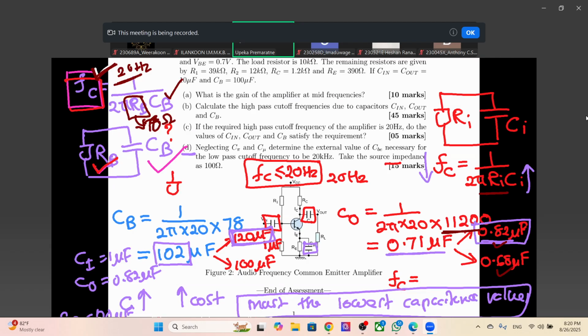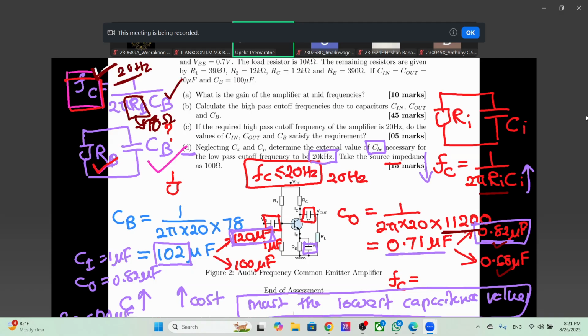Right. Okay. So here, of course, there was a small problem in the question. Here we are supposed to find the value of the base to emitter capacitance that will give us a cutoff frequency of 20 kilohertz.